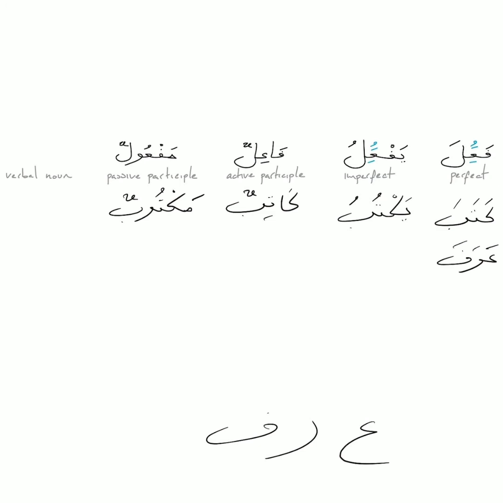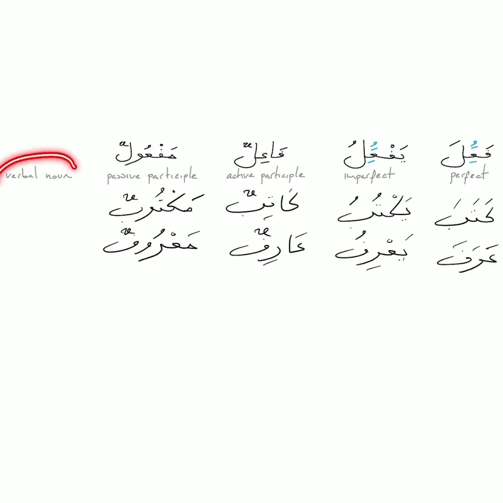Plugged into the second pattern, it becomes ya'rifu, which means he knows. Plugged into the third pattern, it becomes arifun, which means a knower. Plugged into the fourth pattern, it becomes ma'rufun, which means known.